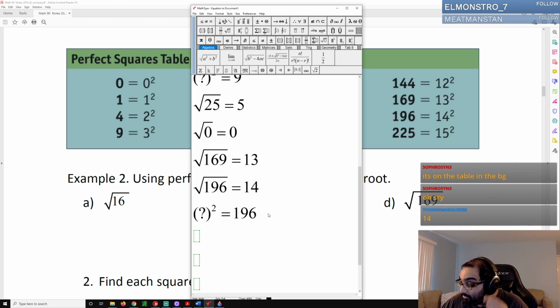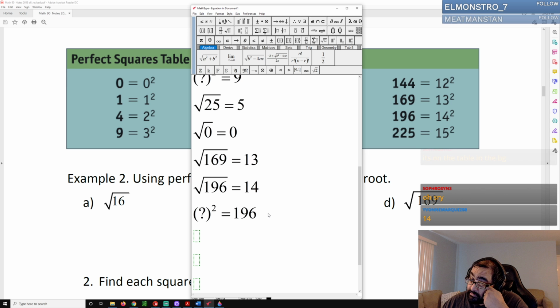Yeah. So what you're gonna do there, Yvonne, is reference the table to find your answer for the square root. We're just dealing with basic square roots. When you go to intermediate algebra and stuff like that is when you're going to see more advanced examples. But we're just dealing with kind of basics here at the moment. So reference this table here, and it should help you find those square roots.